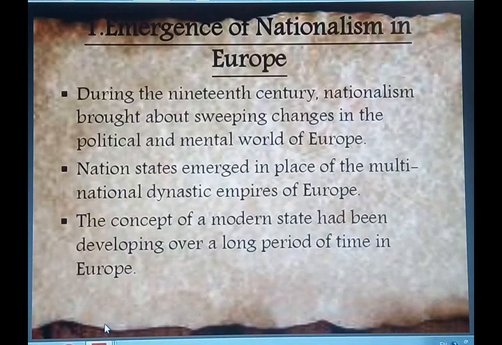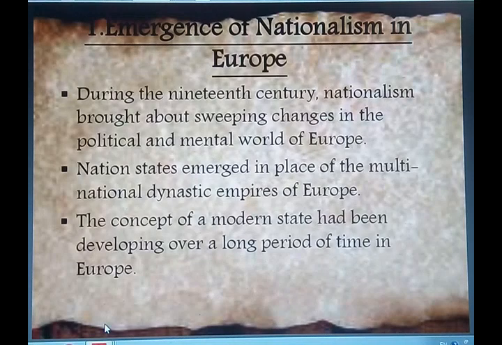The idea of absolutism, the idea of monarchy, the idea of empires and emperors, all these things were getting old, and people were coming up with new political ideas of parliamentary system, of national assembly, of political parties, of elections, of democratic system.